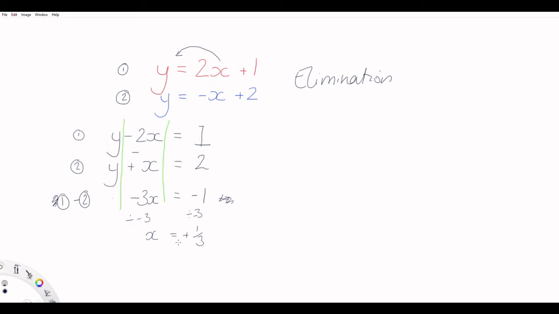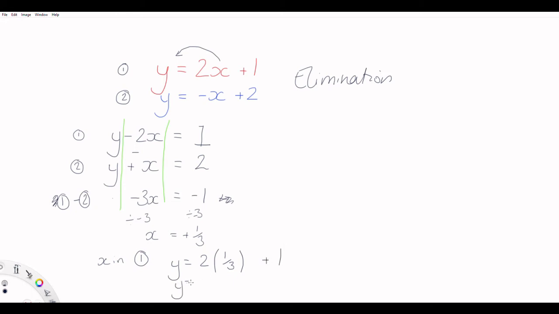Now the trick here is that you can put x into either one of these equations, whichever one you think is going to be easiest to work out, because you're finding a single point solution where the two lines cross, so it's going to be the same in both equations. And we'll test that. If we put x into equation number 1, we can say y equals 2 times a third plus 1.